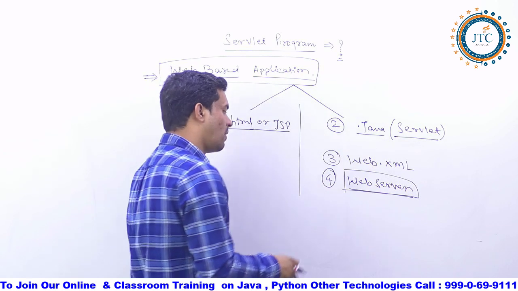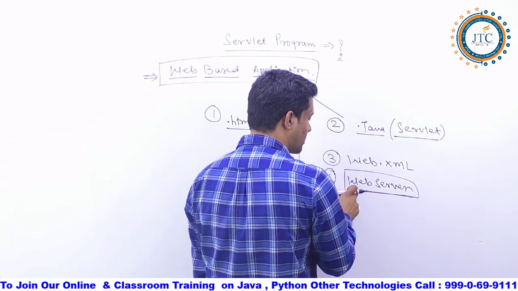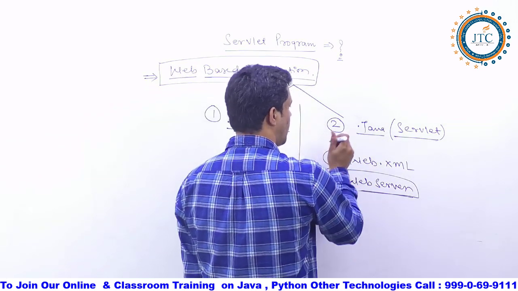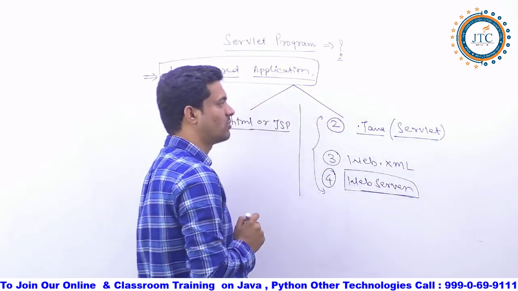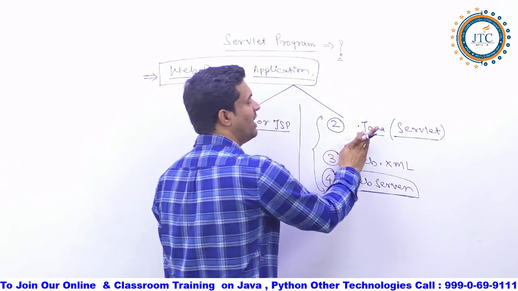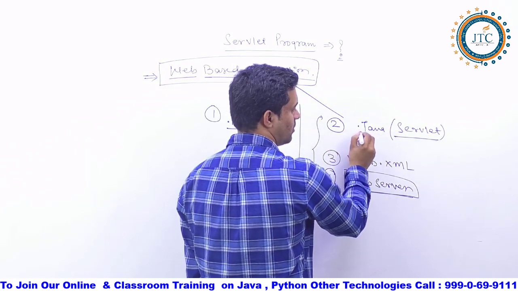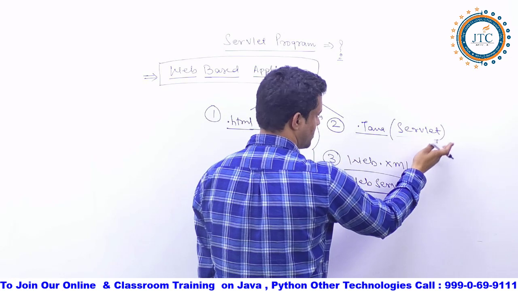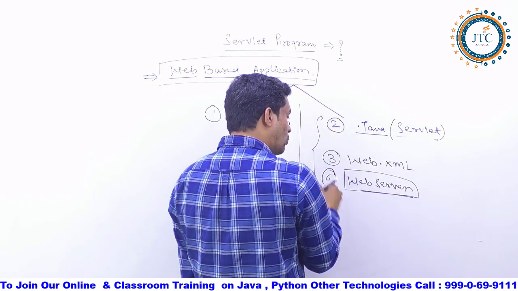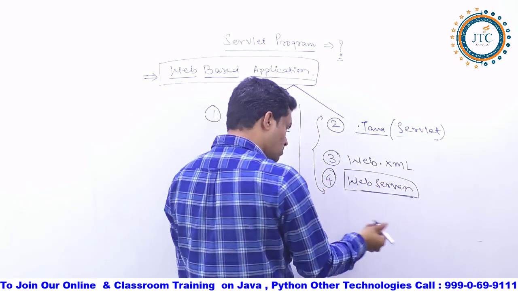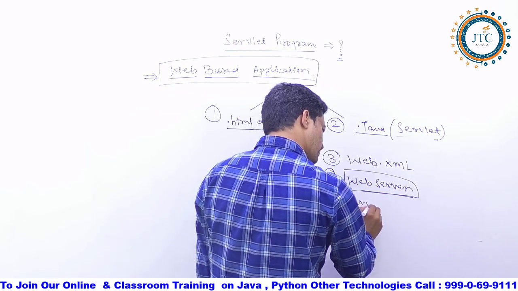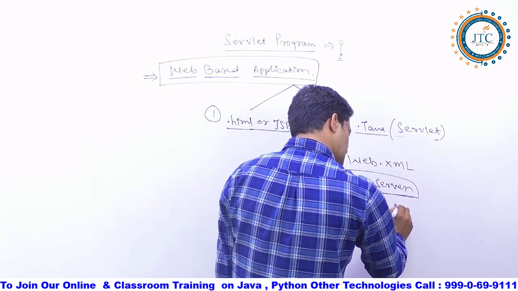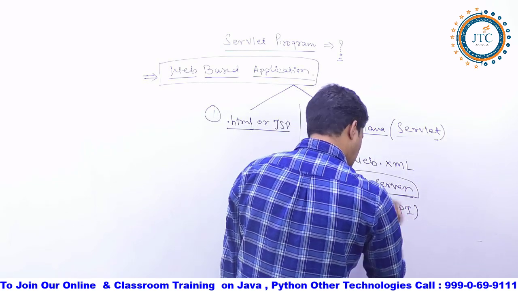So from where are we going to start first? Remember that point. Here we first have the .java file, that is the servlet, and we also need the servlet APIs. So I'll write here, the fifth one is the servlet API.